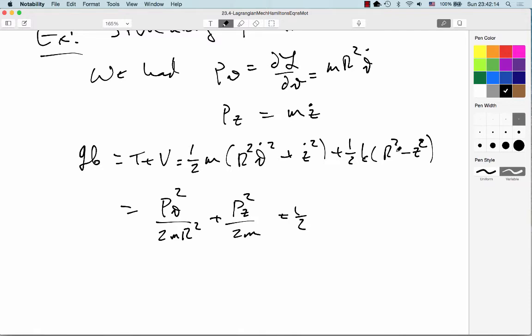I'm just going to make the r go away, r squared plus z squared. I'm just wishing the r away with a shift in potential. 1/2 k z squared.